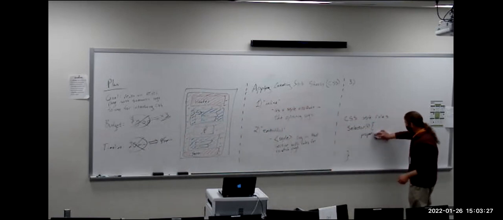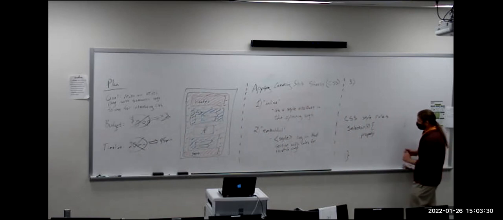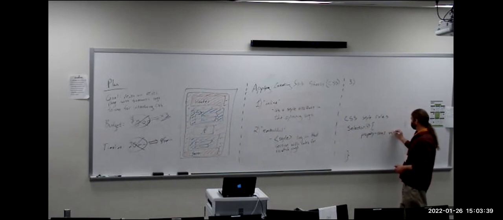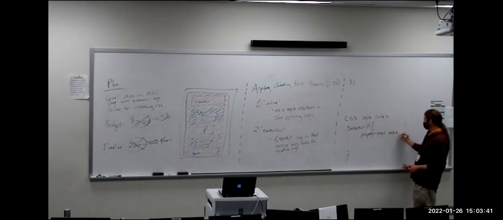Actually, I'm going to spell that out a little bit different to highlight that dash part. Property-1, then a colon, the value we want to assign to it, and then a semicolon.